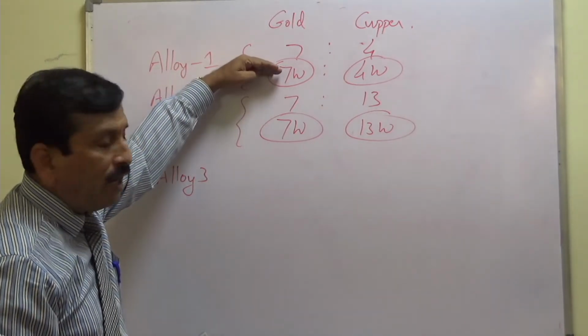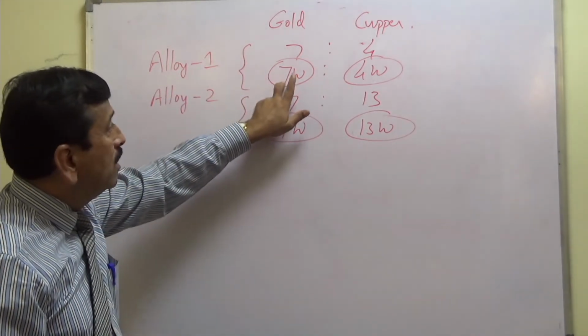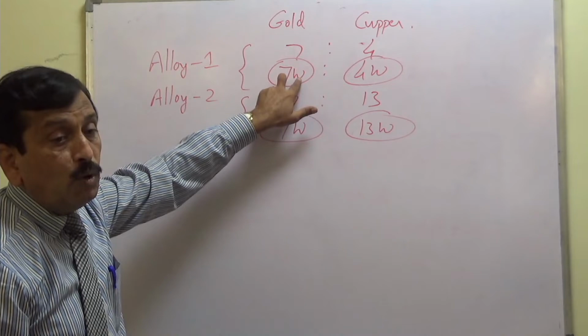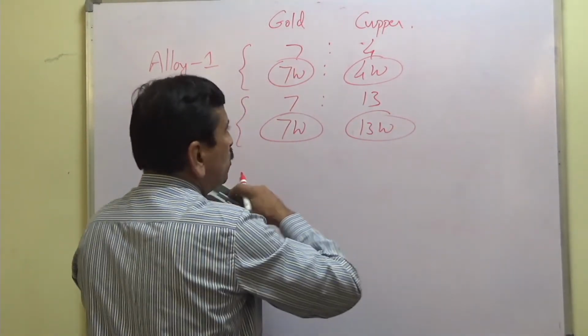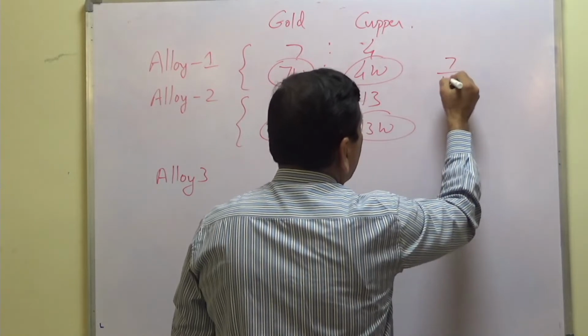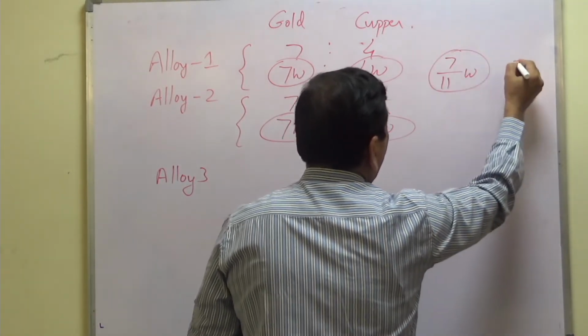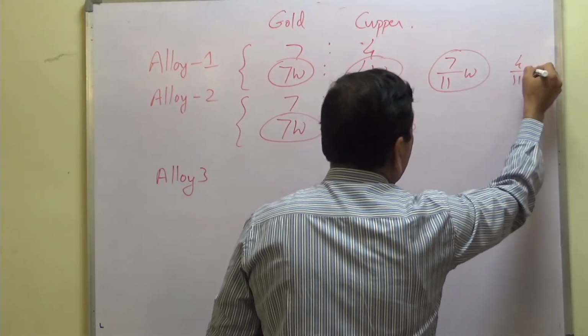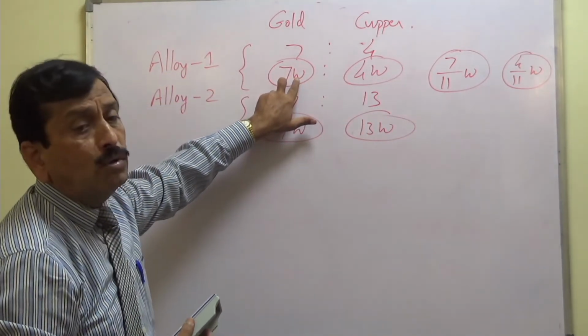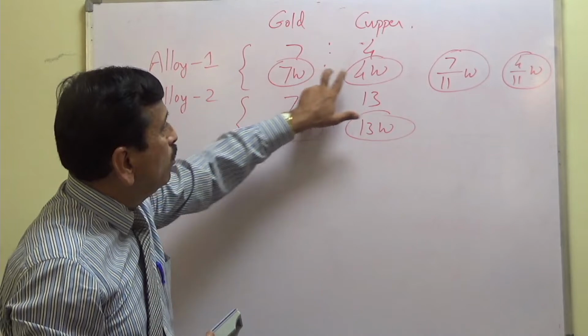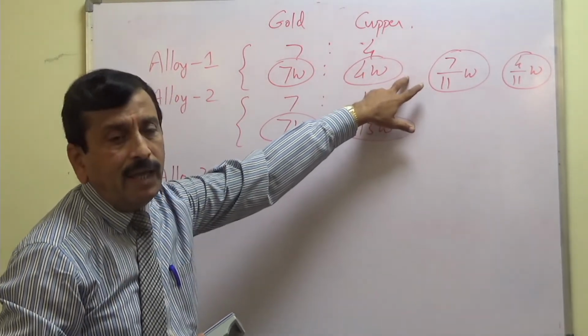In W kilograms of alloy 1, it has 7W out of 11, so the actual kilograms will be 7/11W and this will be 4/11W. Why? Because 7W plus 4W, the total weight will be 11.